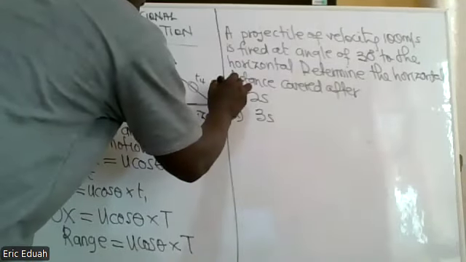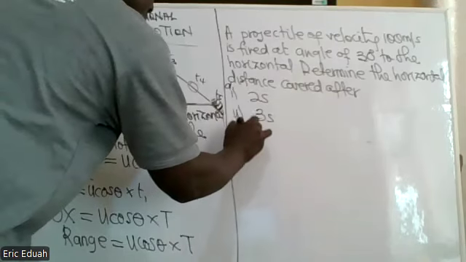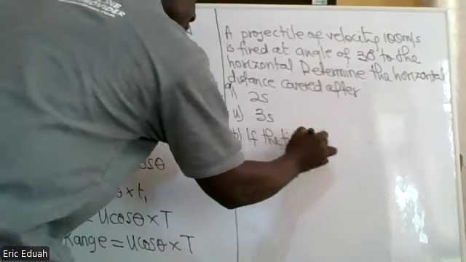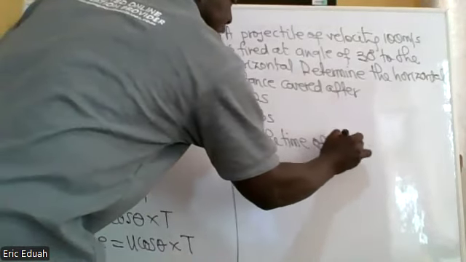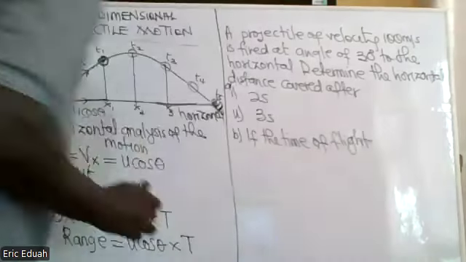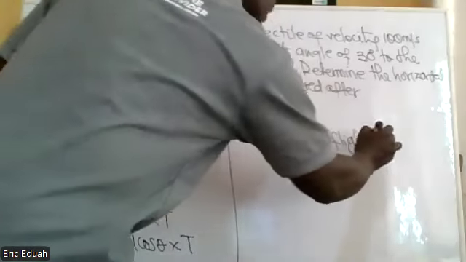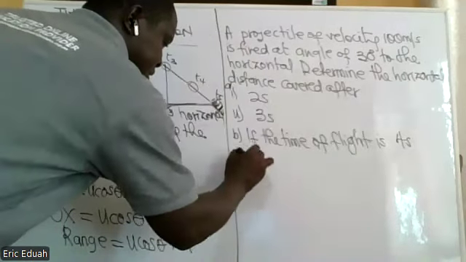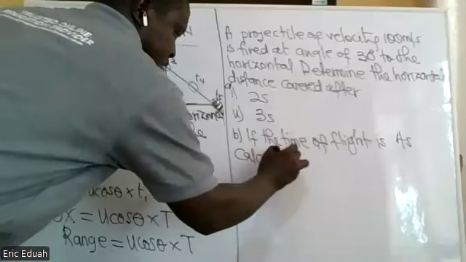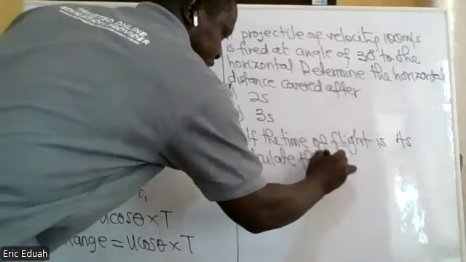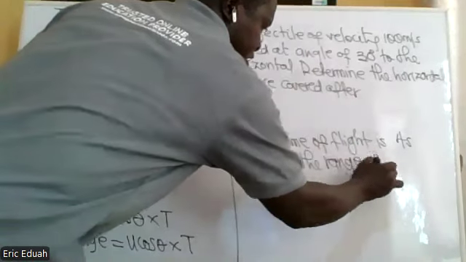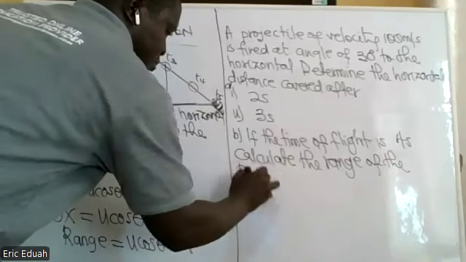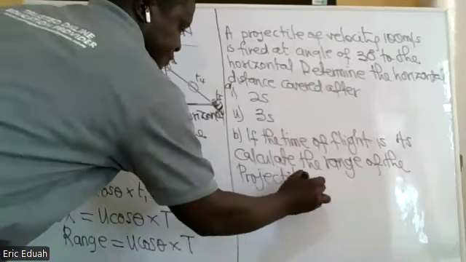That is A. If the time of flight is 4 seconds, calculate the range of the projectile. Can we try it?